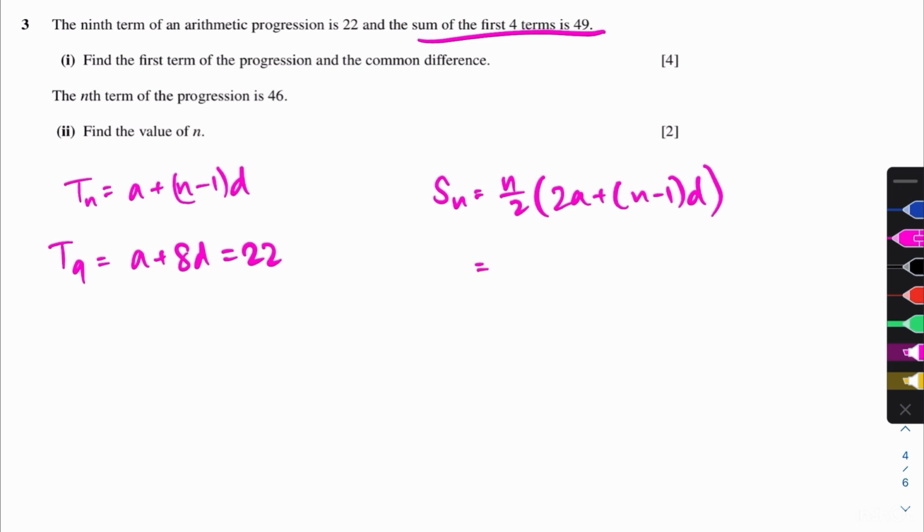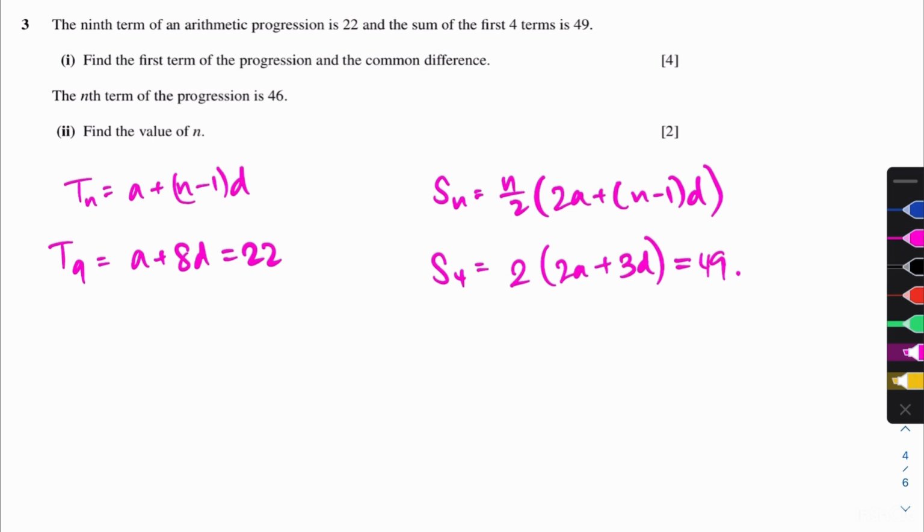So we've got S4 now because they've told us the sum of the first 4 terms is 49. So we're going to substitute 4 in place of n. 4 divided by 2 is 2. 2a plus 4 minus 1 is 3, so 3d. And this is going to equal 49.